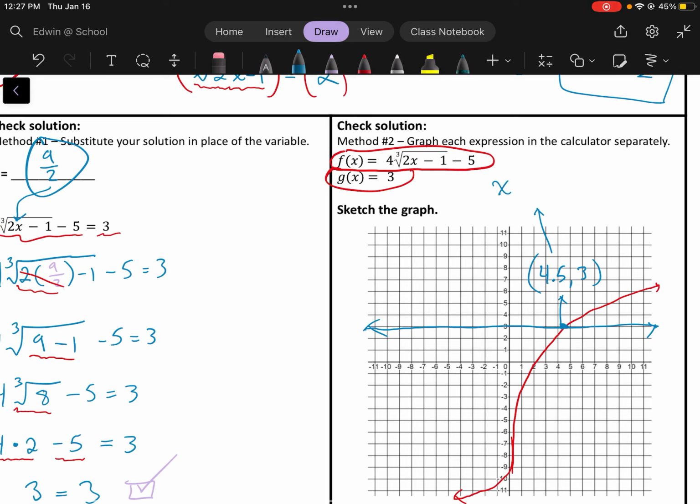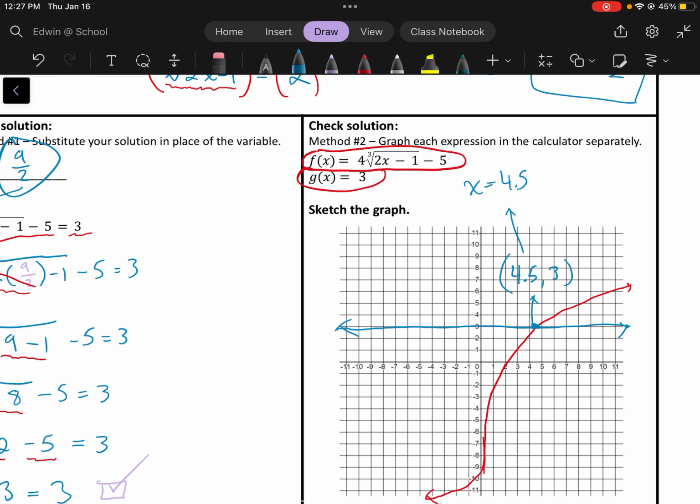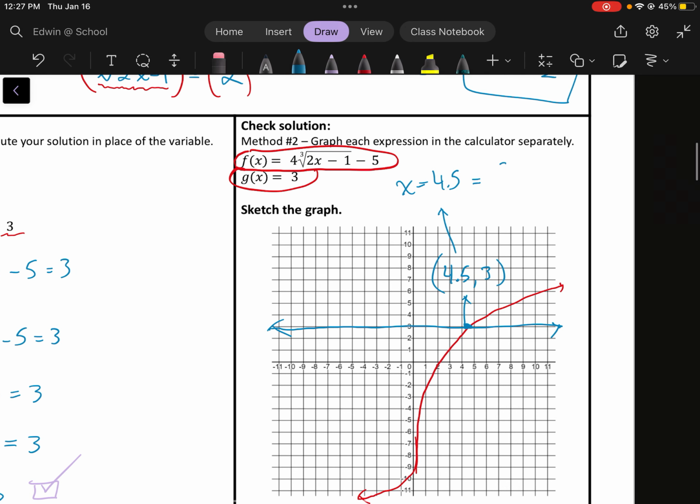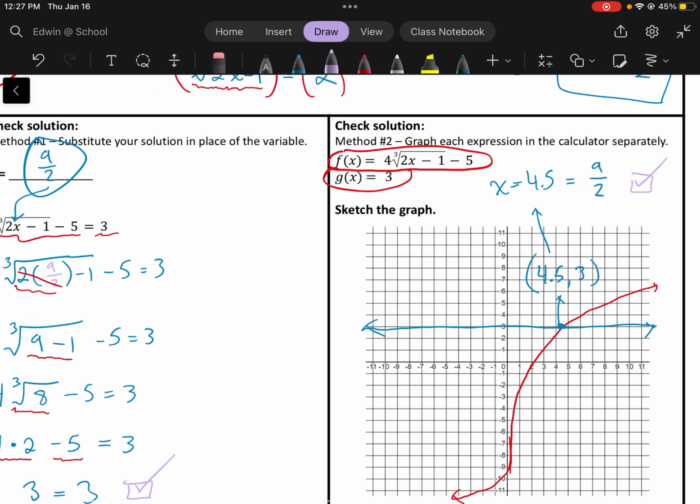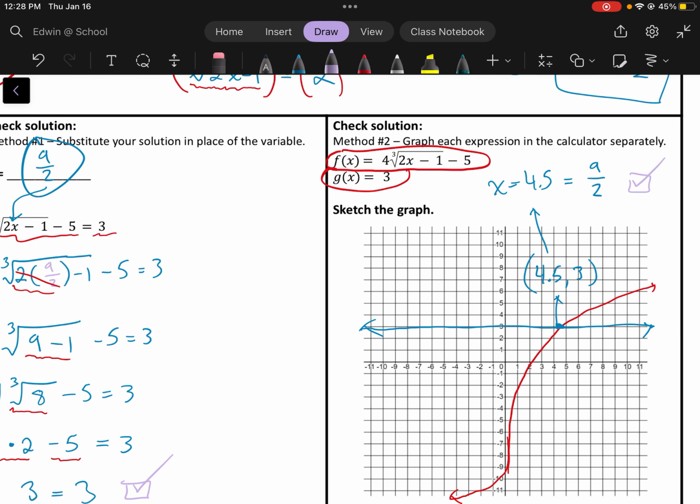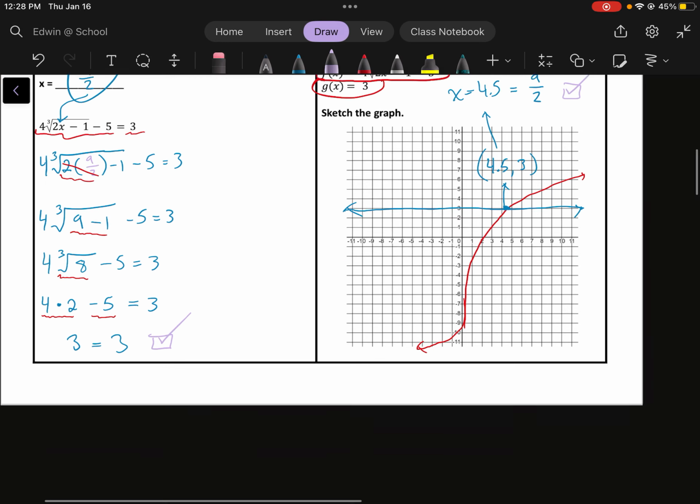And this should be good news. We have an x value of 4.5, which doesn't look like the answer, but it could be rewritten as 9/2. Meaning this is the answer because the intersection point is the same as the x that we found. It is the answer. 9/2 is equal to 4.5.